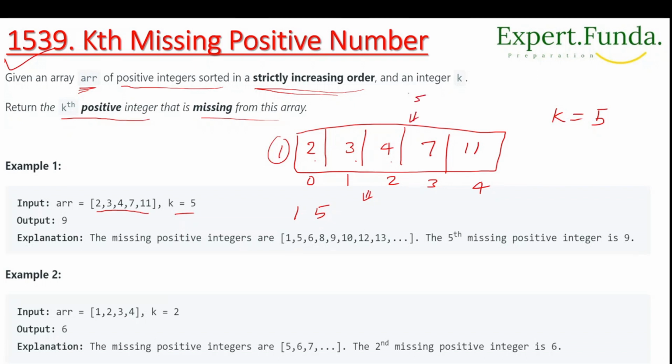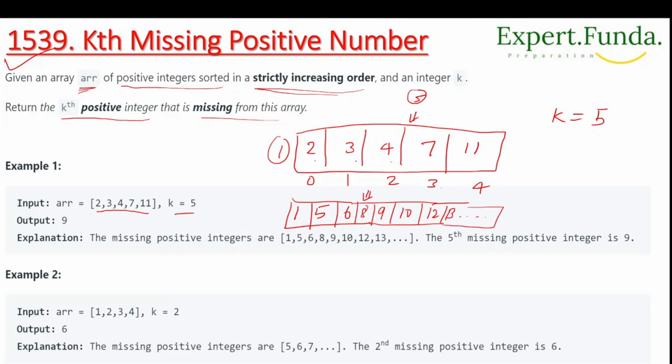So we start with 1 and 5, and go till 11. 6 we don't have, so we put 6. 7 we have, then we put 8. 9 we also don't have, and 10, so we add 10 also. 11 we already have, so we add 12, and 13, and so on.